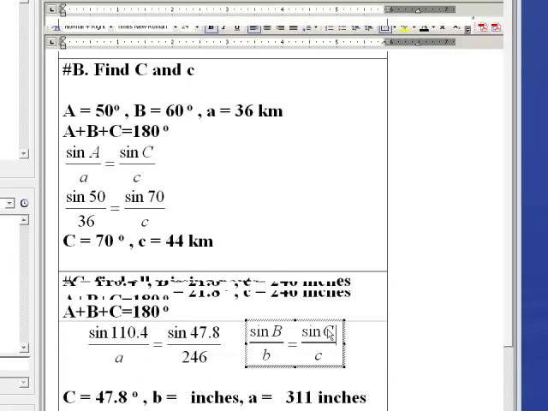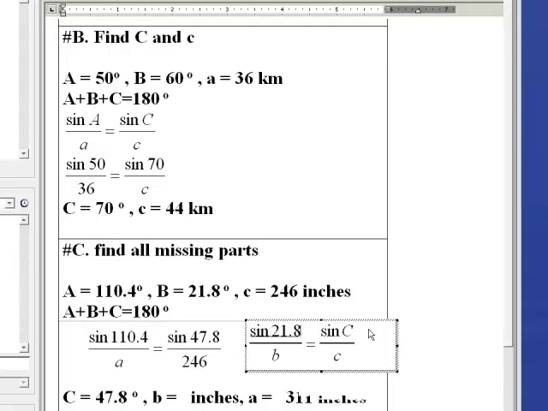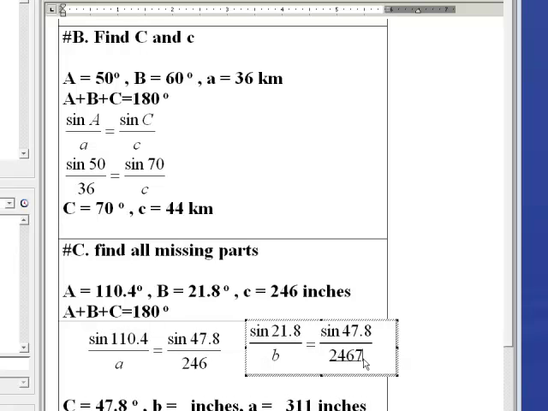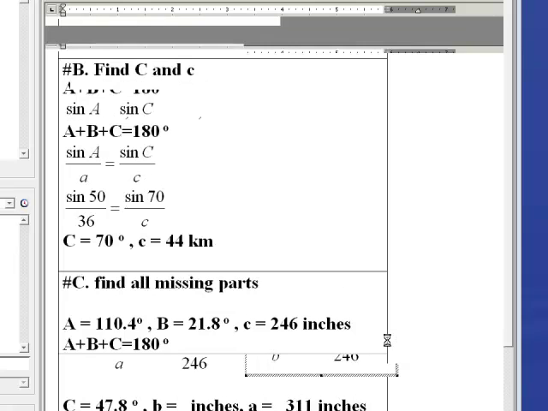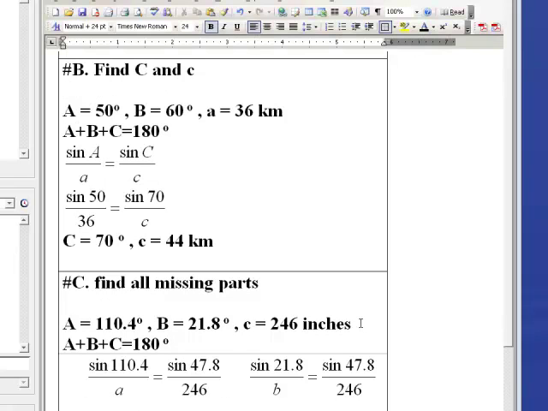And b, then of course, the other one right there. The angle B is 21.8. The angle C is 47.8. And the side c is 246. I could have actually used now the third law of sines, because by now the side a is given as well. But anyway, here it is.